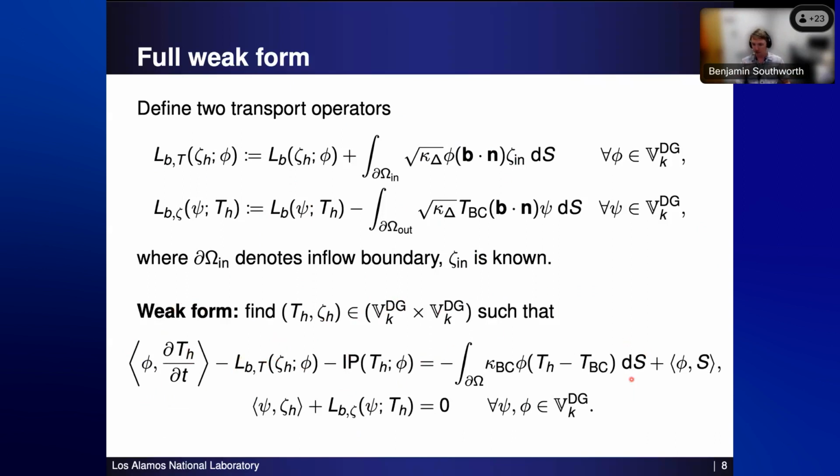Here we have a boundary integral and forcing term, and we have our auxiliary equation here with our other transport operator. Again, we choose the order of our DG spaces to be equal to ensure square invertible diagonal blocks. If we choose different order elements, then our off-diagonal blocks in the mixed system end up being non-square and not invertible. And so this is the weak form.